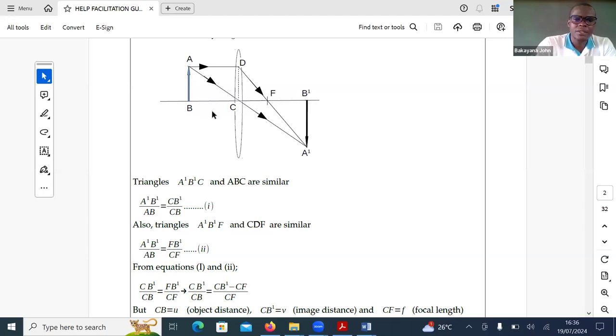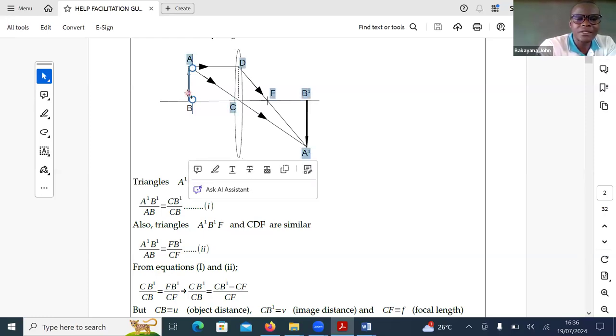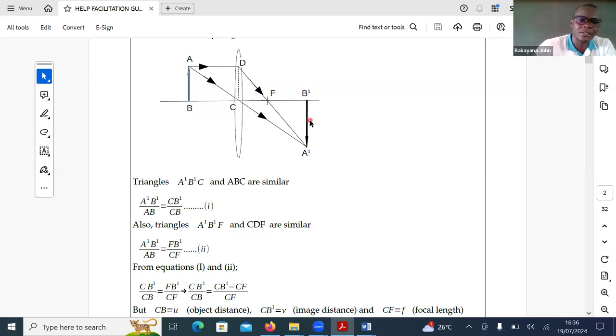So I'm considering the approach of similar triangles. Okay, I hope you can see me now. For example, we have our object distance, and then we have our image distance.